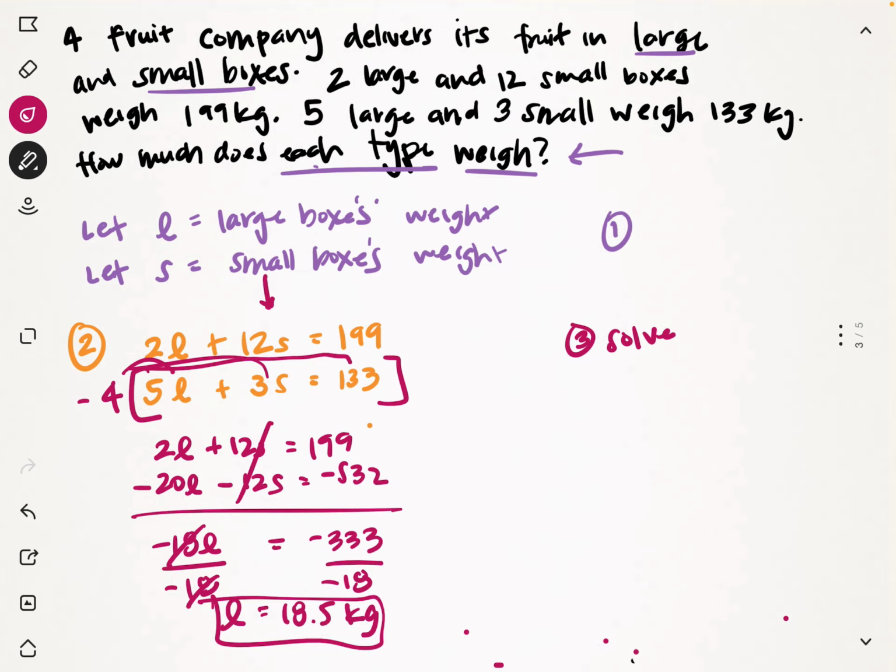So for the small boxes, let's plug it into the top one. That looks a little bit easier. So we're going to do 2 times the large box, which was 18.5, plus 12S equals 199. So 2 times 18.5 gives us 37.